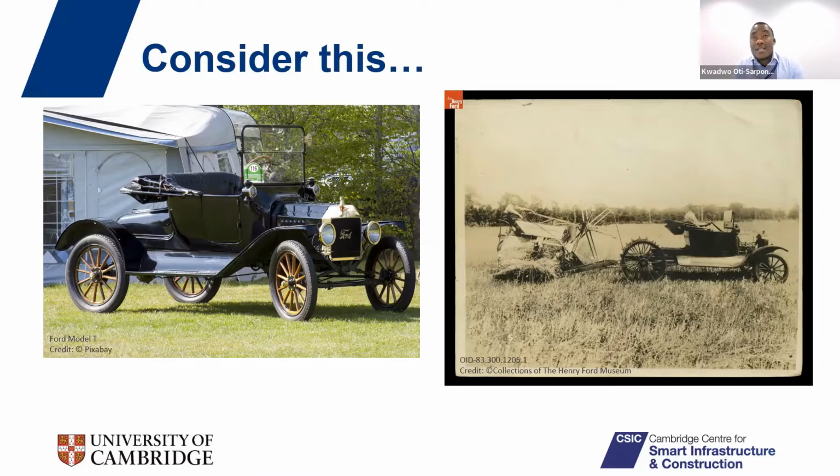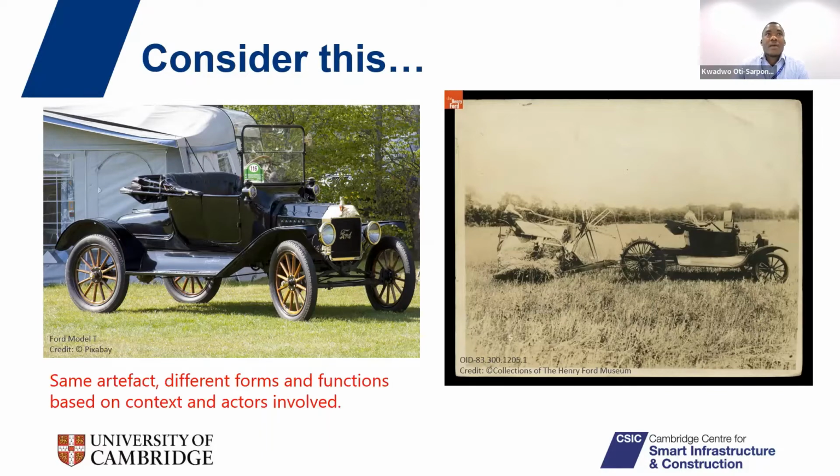Is it just about the artifact, or is it a constellation of other things leading to a desired outcome? The same artifact, but different forms of functions based on the context. On the left, you find it in the city, but on the right, this is from the Henry Ford Museum, and it's from rural America around the 1920s.